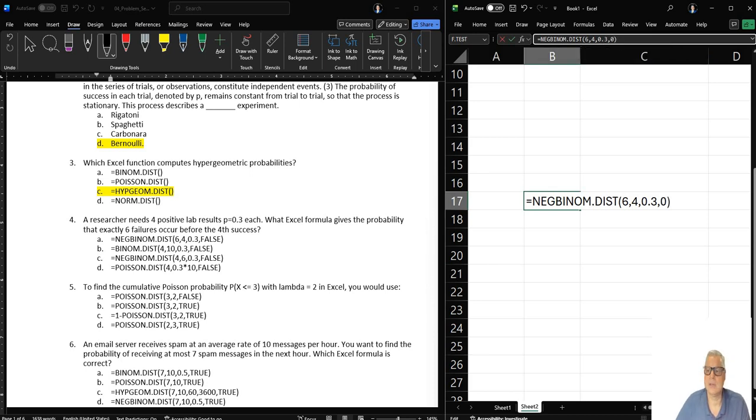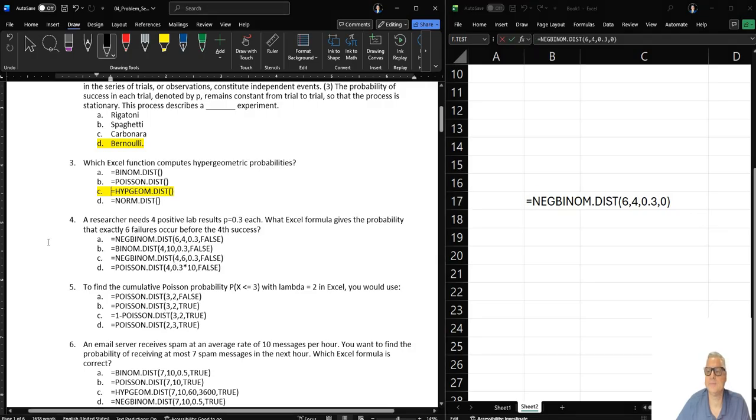So what you see here should be the answer. So this is 6, 4, .3 and false. Yeah, that works. And here C, no, it should be 6, 4, so it must be A.